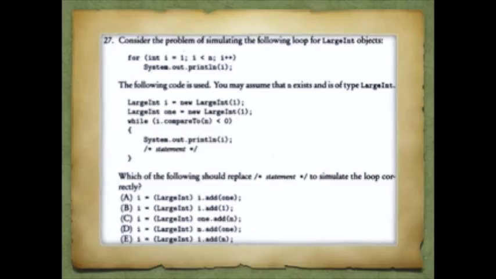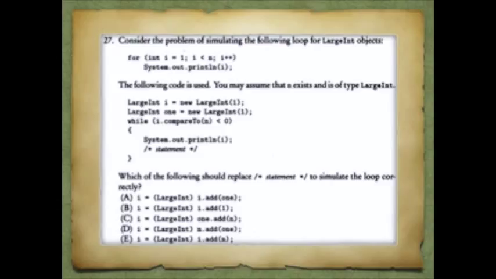Now the second line, large int ONE equals new large int 1, goes into our consideration. That means we have to pass this ONE as the basic adding element inside this add operation. After we pass that, we have to cast it back to large int. So that means this line should be like that.